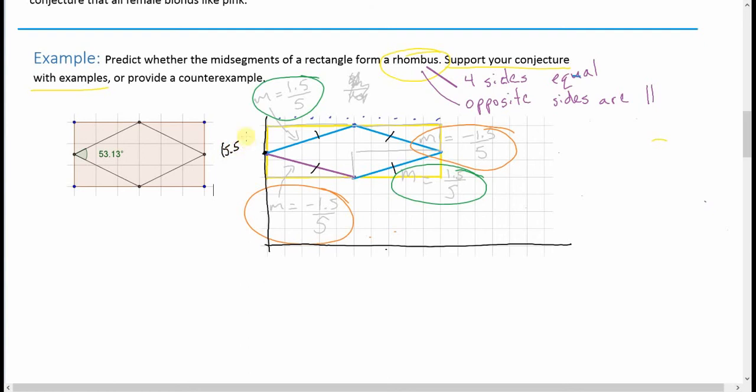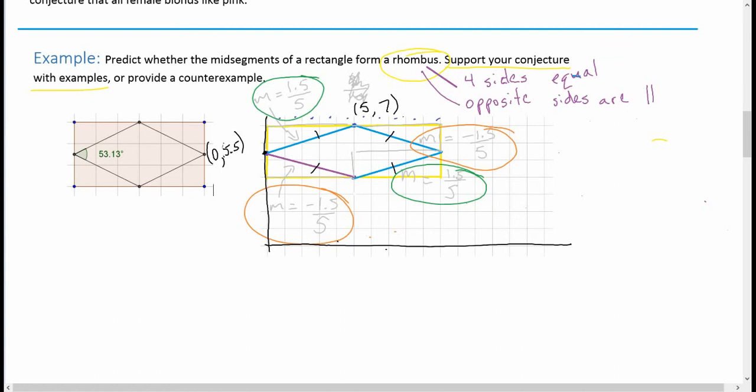Sorry, x 0, y 5.5. So it can be helpful to list out all the points. And then you could use the points to find the slope if you needed to. But luckily our grid was nice enough here that we could figure it out just using the grid.